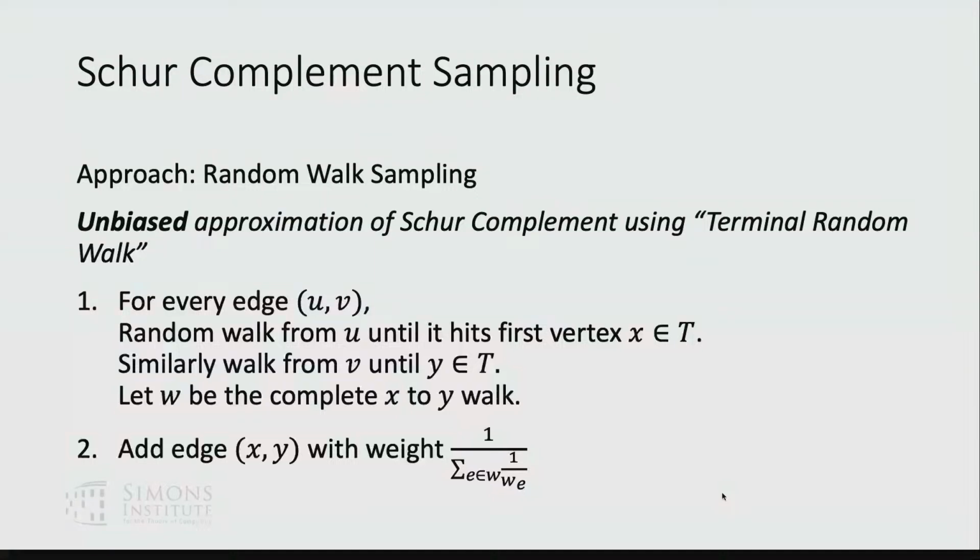Right? If I have 4 edges on the walk, each of them could have led to this weight corresponding to the same walk. So I have to somehow distribute the weights between them, and this choice ends up distributing them in the right way. I will not prove it, but it's really just verifying that in expectation, this process generates the same interpretation of the Schur complement in terms of the random walks.